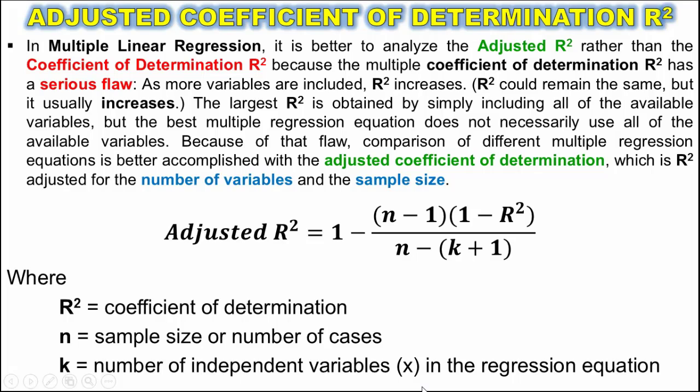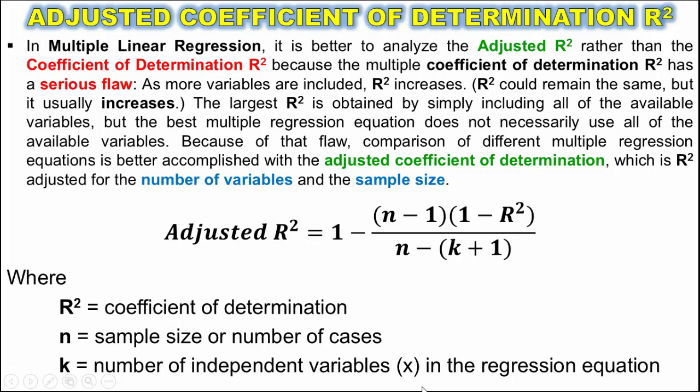As more variables are included, R square increases. R square could remain the same, but it usually increases. The largest R square is obtained by simply including all the available variables, but the best multiple regression equation does not necessarily use all of the available variables.